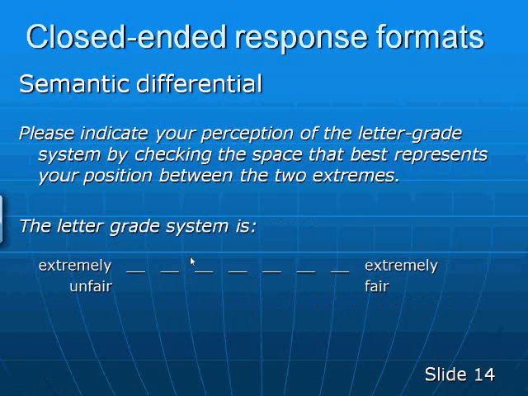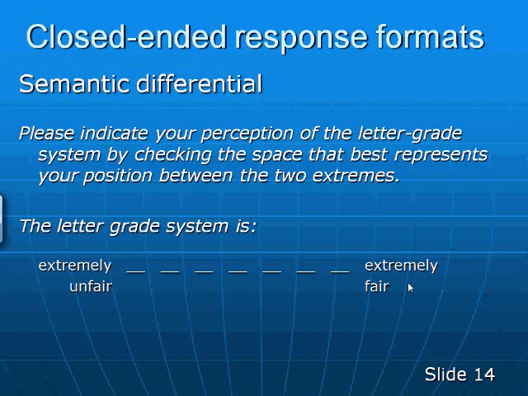Another closed-ended response format is called Semantic Differential. This response format is based on 2 words or 2 phrases that are complete opposites of each other. So for example, here we have extremely unfair, and at the other end we have extremely fair.